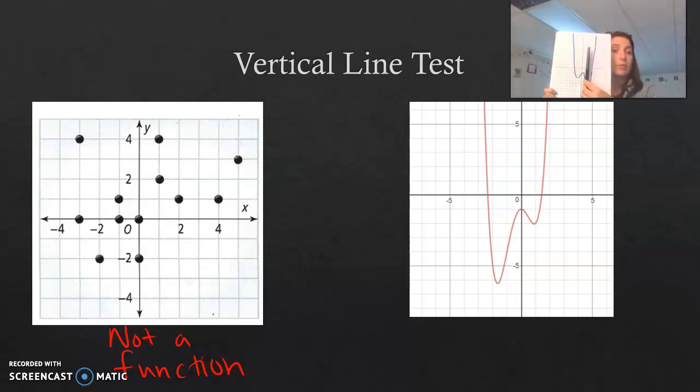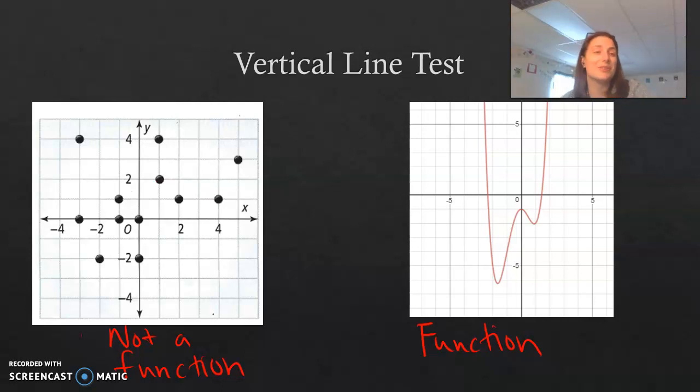As I move my line across, at no point does my pencil touch up and down 2 points on that graph. And so this one is a function, because it passes the vertical line test. Plus, let's be honest, I wouldn't be able to draw a vertical line to save me on this.